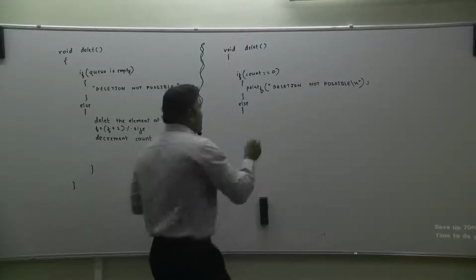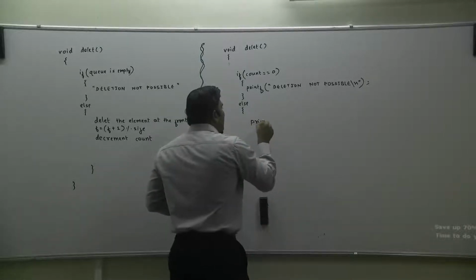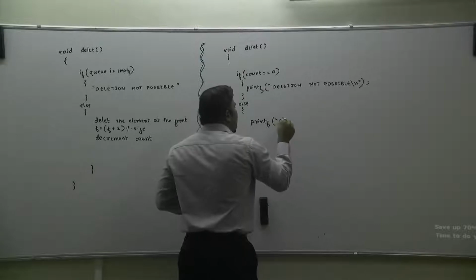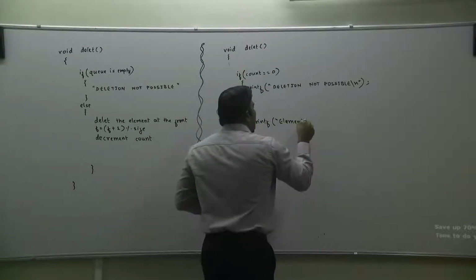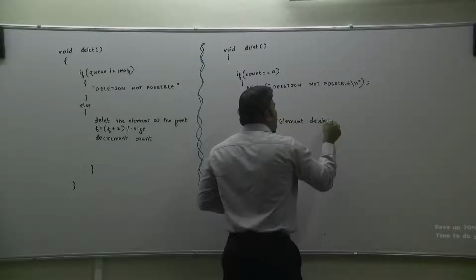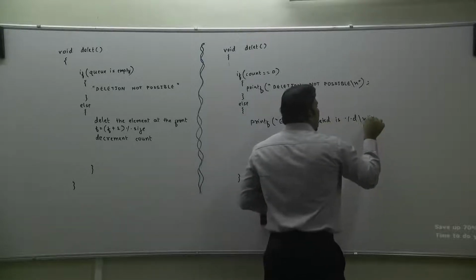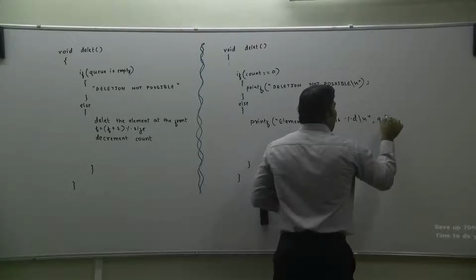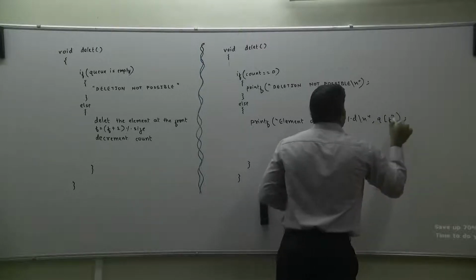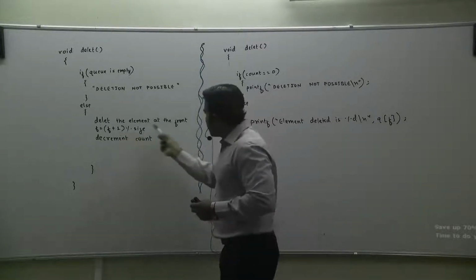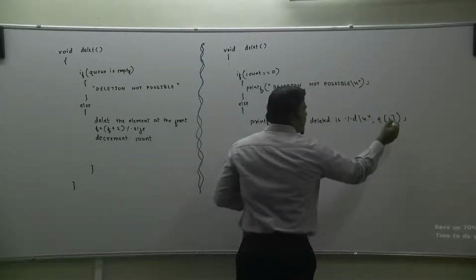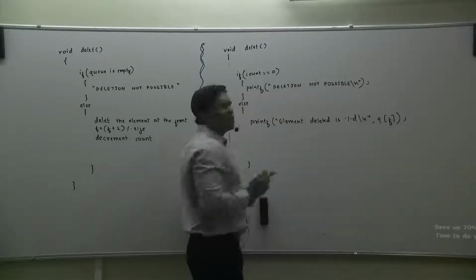Otherwise I will tell printf element deleted is %d. That is whatever is at the front. Delete the element at the front. Whatever is at the front, that is the element that gets deleted.